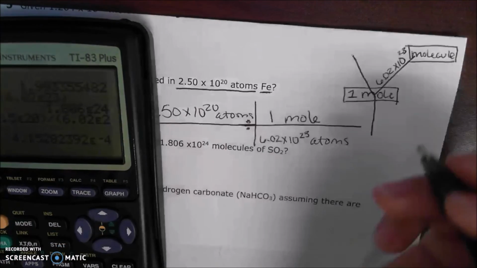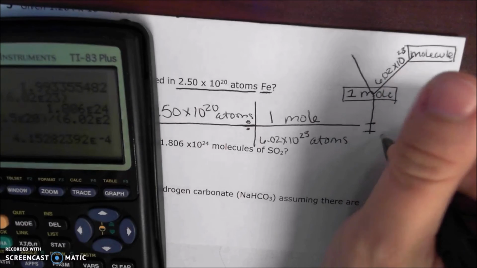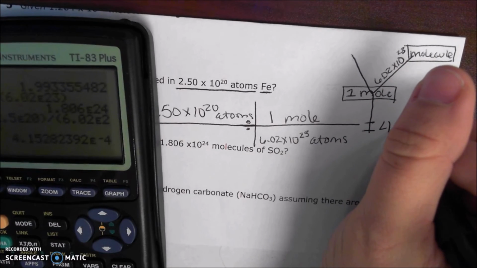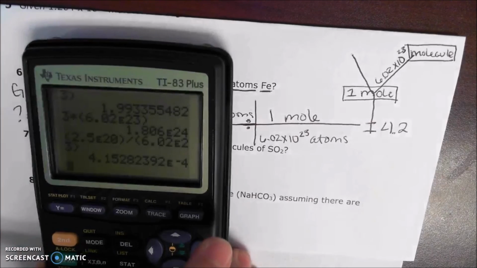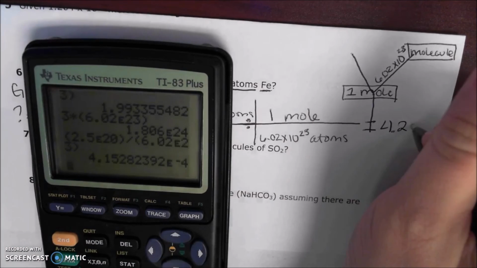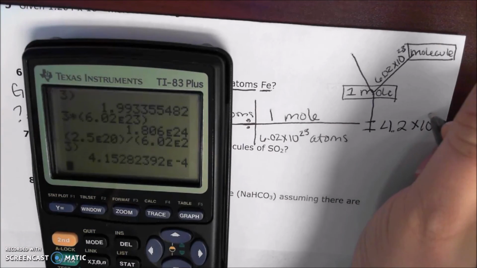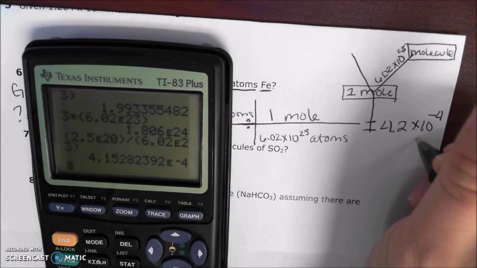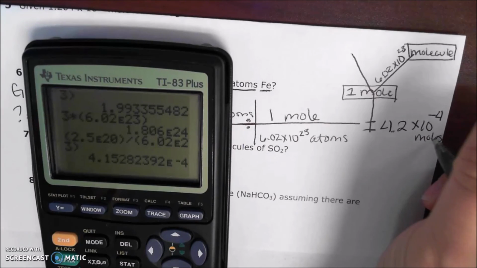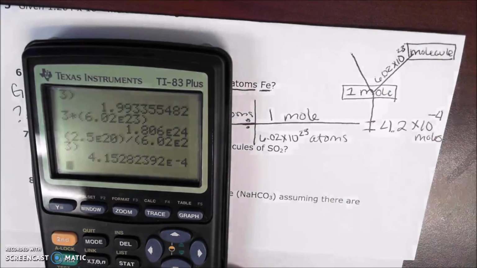The answer we get is 4.15, so we'll say 4.2 times 10 to the negative 4th moles. So it's a very small number.